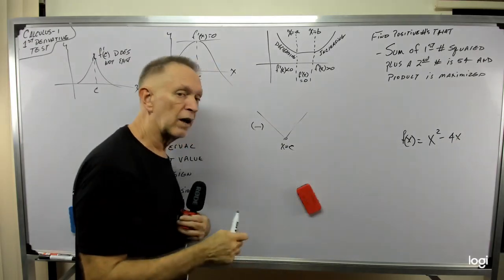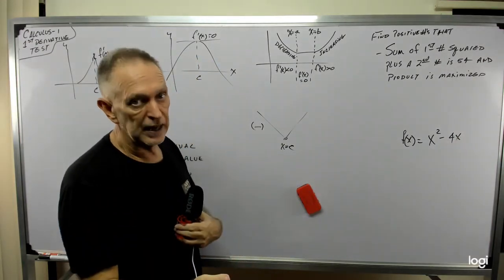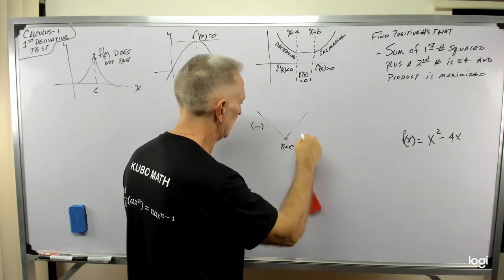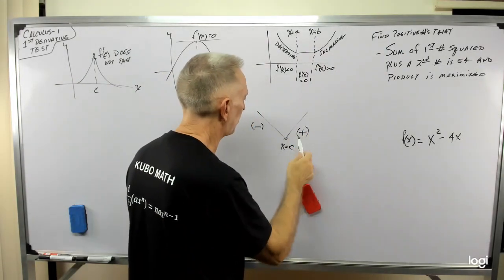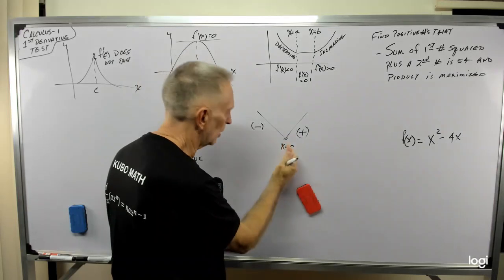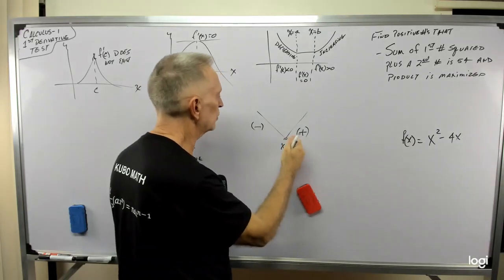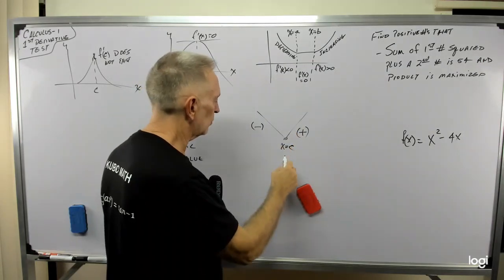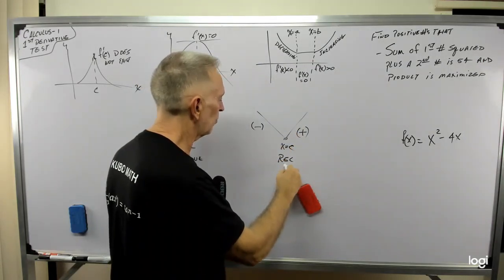Now if this were algebra, m is negative. We look to the right of c and find that f prime of x is positive. Well, if that's the case, when x equals c, that's determined to be a relative minimum.